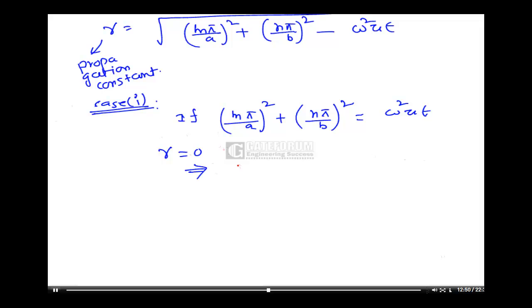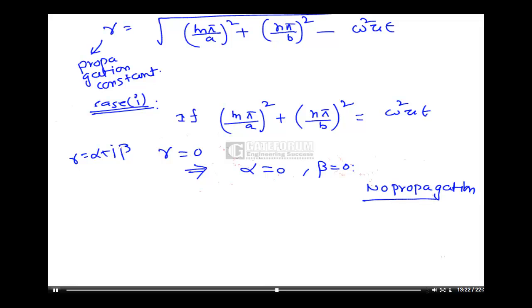Gamma equal to alpha plus j beta, so alpha is equal to 0 and beta is equal to 0. The attenuation constant is 0 and the phase constant is also 0. Phase constant 0 means there is no propagation at all.